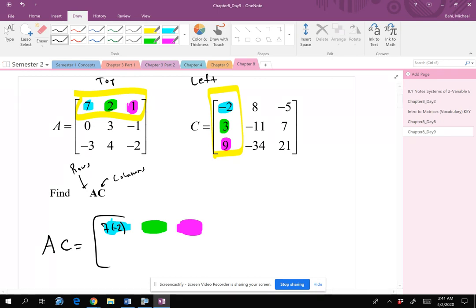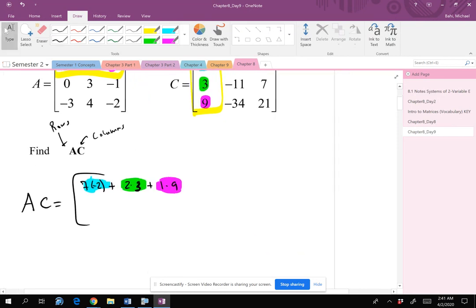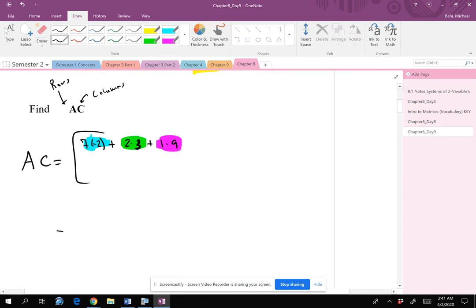I just paused and I was like, squirrel. Okay, times, and then 2 and 3. That is a messed up 3. And 1 and 9. And we're going to add all these together, giving us -14 plus 6, that's -8, plus 9, that's 1.